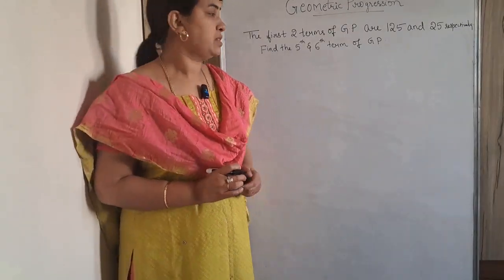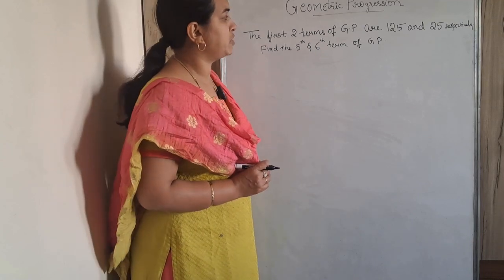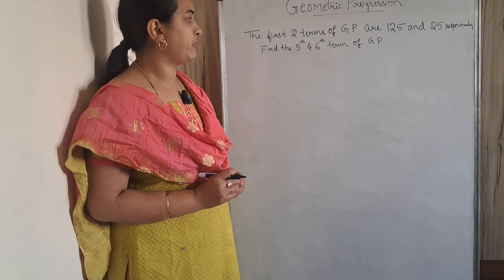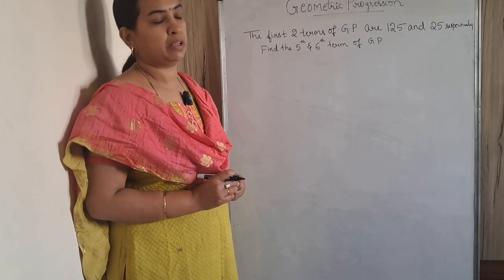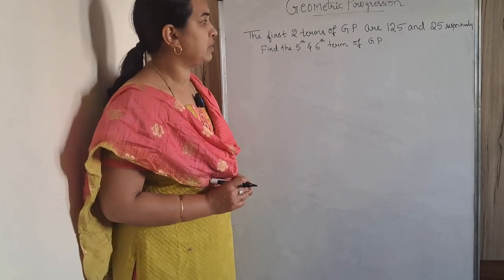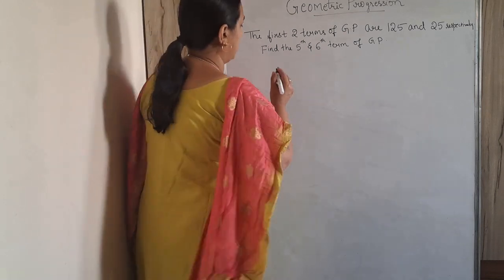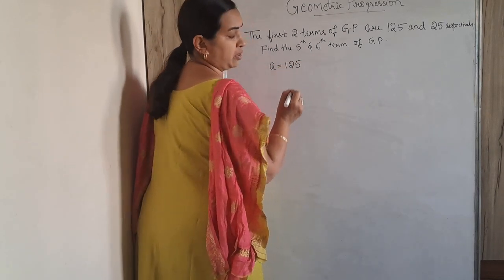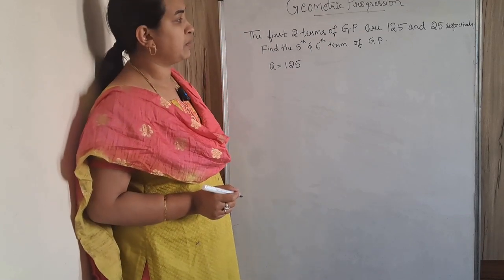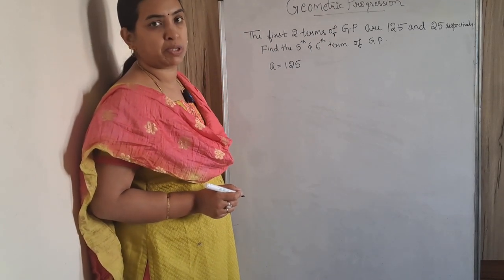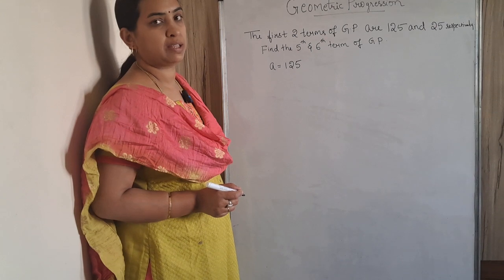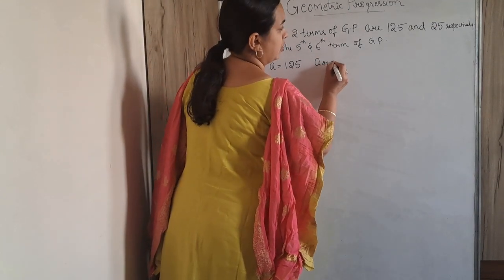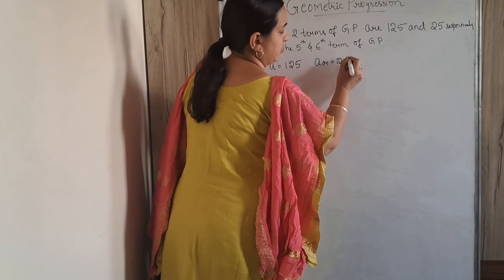The next sum is: the first two terms of GP are 125 and 25 respectively. Find the fifth and sixth term of GP. Here they have given the first term as 125, that is A is equal to 125. The second term is 25. We represent the second term in GP as AR, so AR is equal to 25.